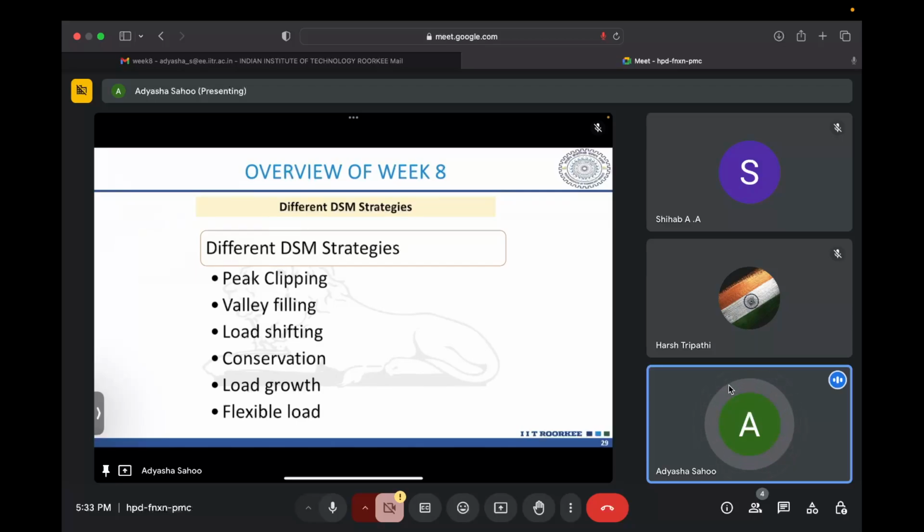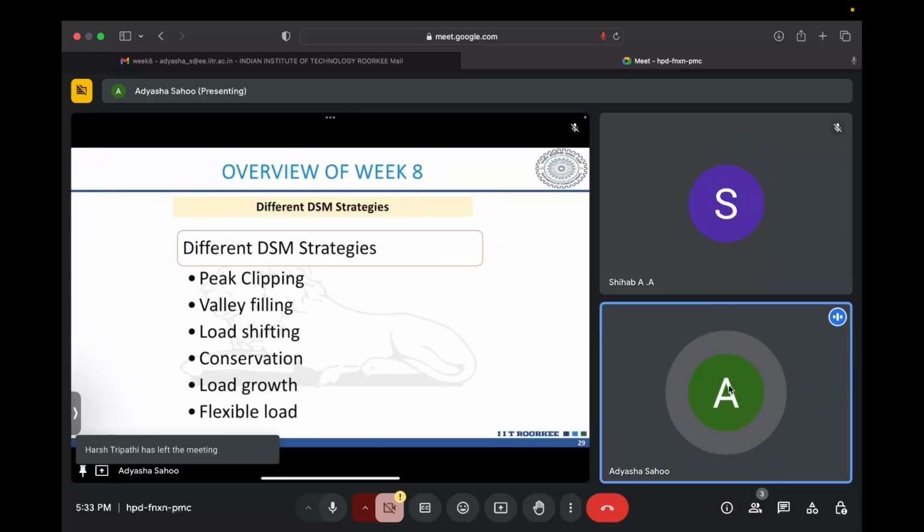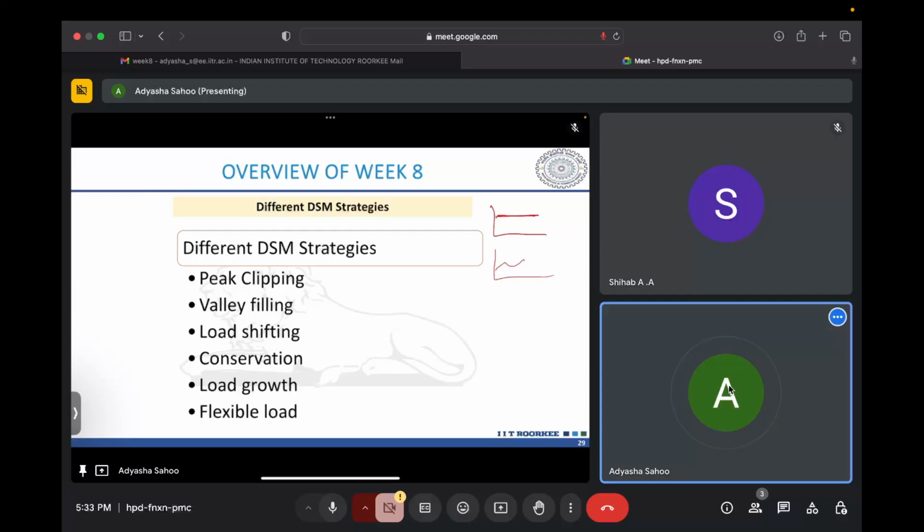Next we discuss the various demand side management strategies. So here, instead of having a fixed load demand like this, the demand can change its consumption depending upon the state of the grid to help in the system operation.